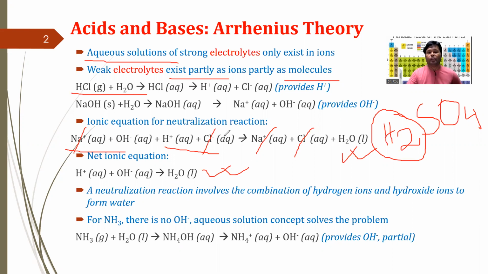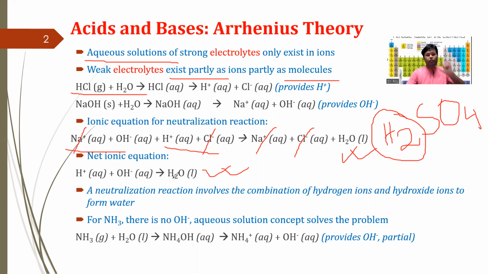So we have 2H plus and 2 OH minus forming 2H2O, two water molecules. Here you can see that for the earlier case only 1 molecule of water was formed, but for sulfuric acid we will have 2 water molecules. That is also a neutralization reaction.